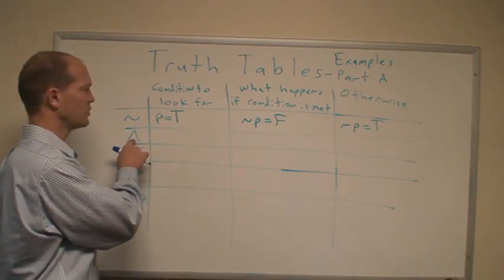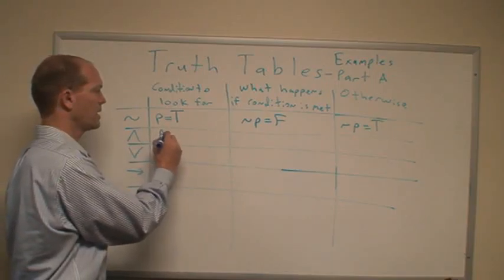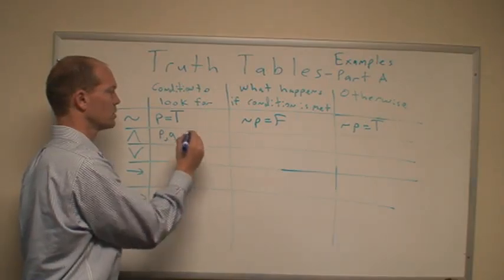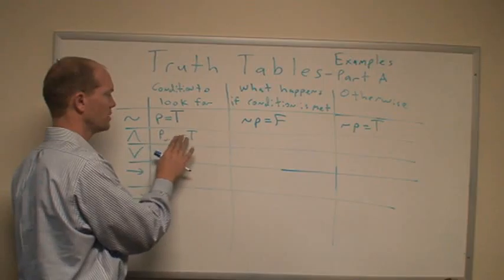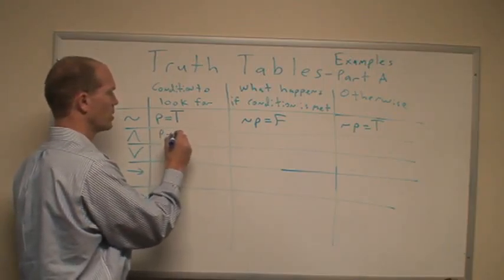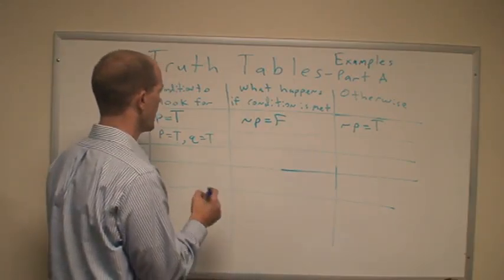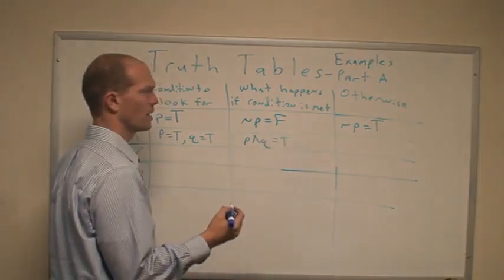But I'm going to write that down for now, and you'll see why later. For the AND situation, we'll say P and Q is true when P and Q are both true. So we're looking for where both P and Q are true. Let's write that a little bit differently. We're looking for where P is true and Q is true. Well, what's going to happen with that is that P and Q will be true then.